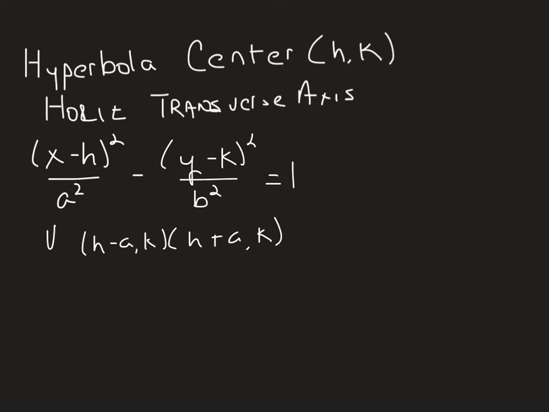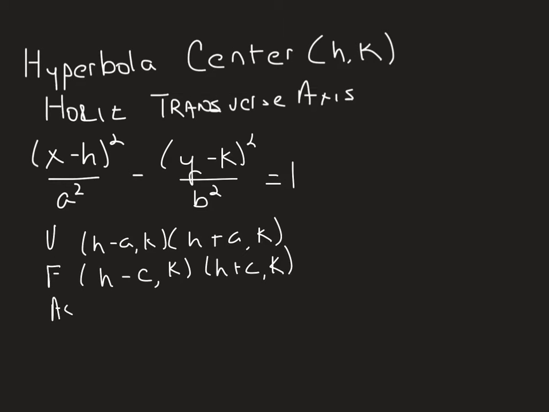If you just think about whether you have the horizontal or vertical transverse axis, it's easy. You don't really have to remember the formula. The foci are (h minus c, k) and (h plus c, k).